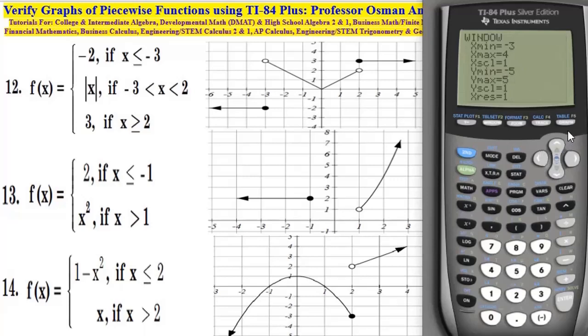Okay, then the graph, and here is a parabola facing down and the linear function.